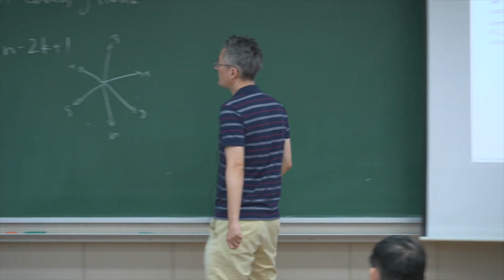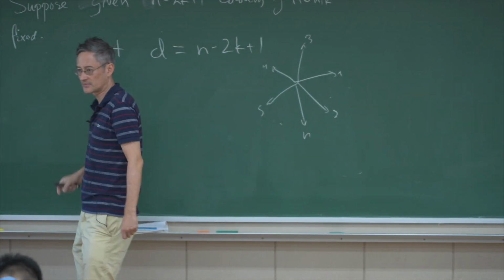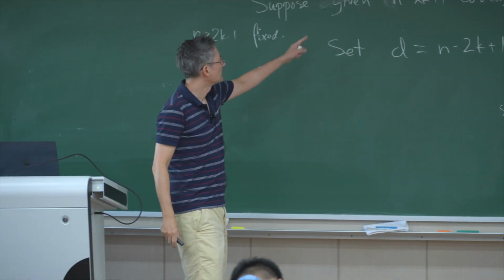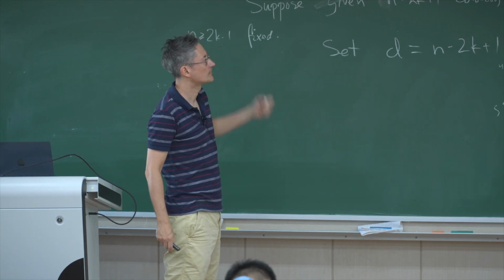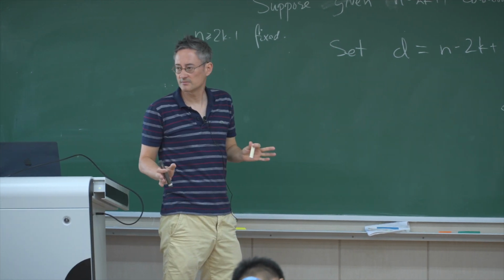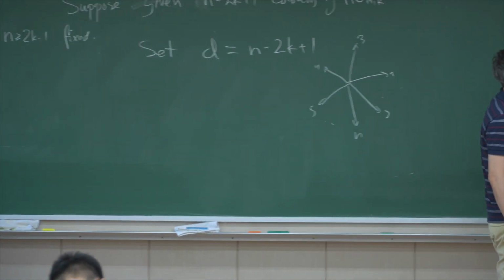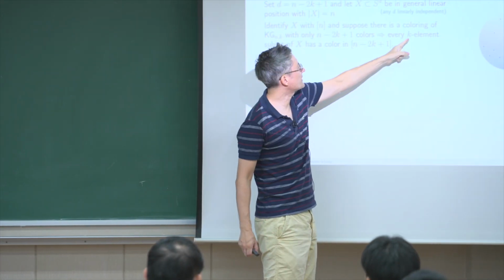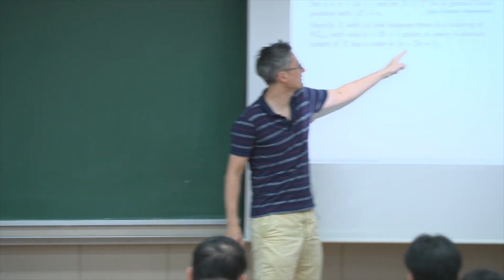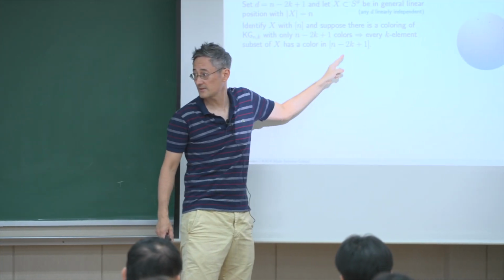And we are supposing that we have our fixed coloring here. Everything clear so far? Now, what does it mean that I have a coloring of that graph? It means that every k-element subset has some color in this set here.